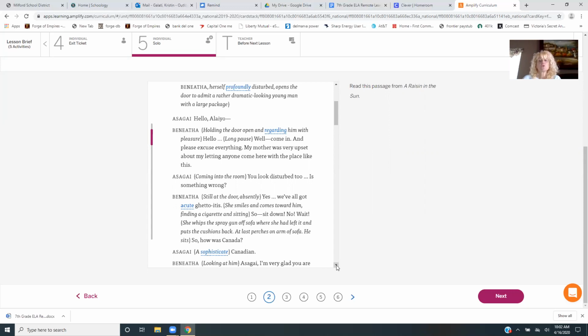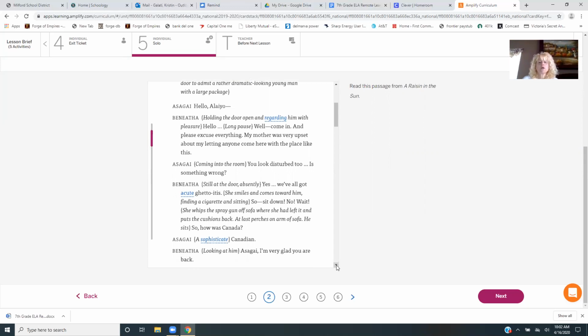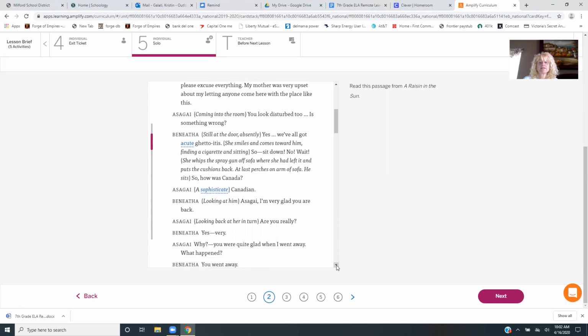Beneatha says, holding the door open and regarding him with pleasure, "Hello. Well, come in, and please excuse everything. My mother was very upset about my letting anyone come here with the place like this." He says, coming into the room, "You look disturbed too. Is something wrong?" Beneatha, still at the door: "Yes, we've all got acute ghetto-itis."